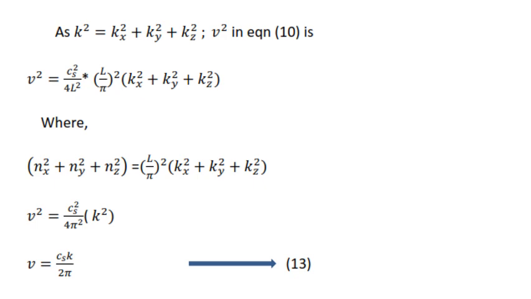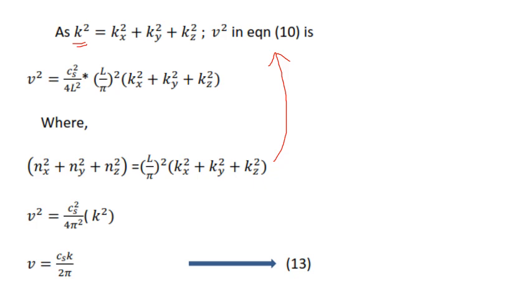But we know that kx square plus ky square plus kz square is nothing but the combination of the wave vector, k square. Therefore, instead of this you substitute. So nu square is equal to cs square by 4 pi square into k square, or nu is equal to cs k by 2 pi.